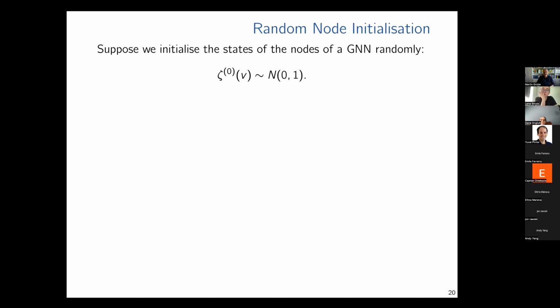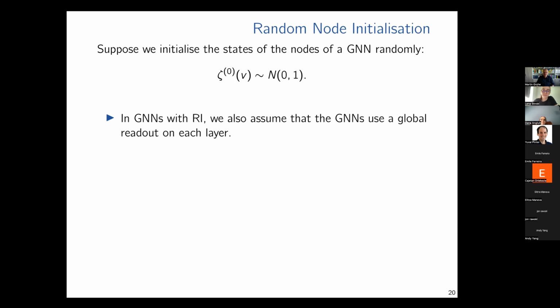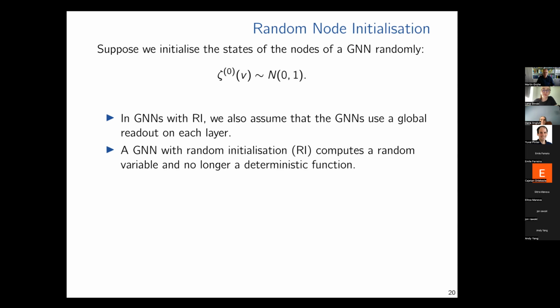And then you also add some random features, say normally distributed with mean 0, variance 1. Now, typically for such GNNs with global readout and with random initialization, we always assume a global readout on each layer. As I explained in the beginning, that's convenient here. So let's just do this.